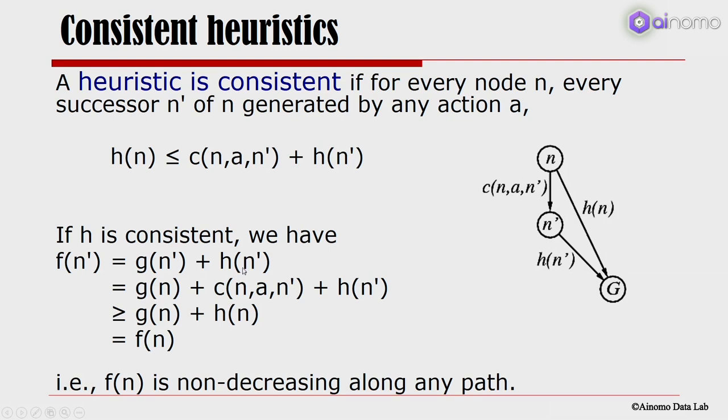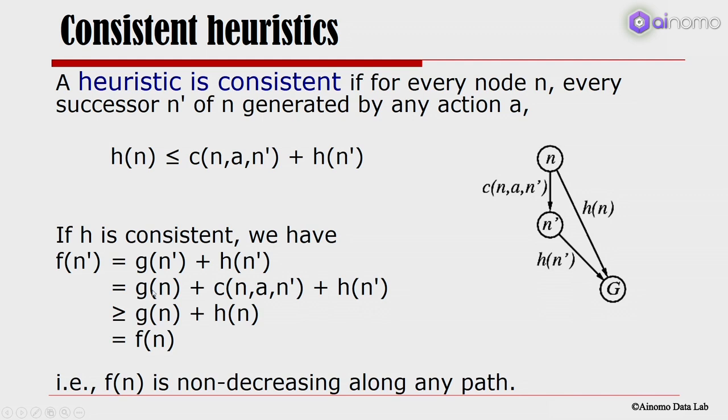But we have already seen that g(n prime), the total cost, is the total cost at n plus the cost because of action a on n to n prime. So we can substitute here, g(n prime) getting substituted by g(n) plus c(n, a, n prime), and h(n prime) is the estimate that's already added.